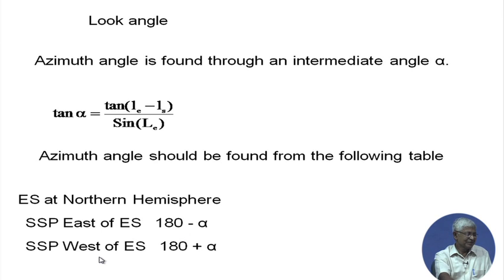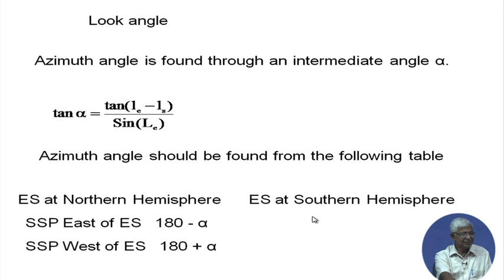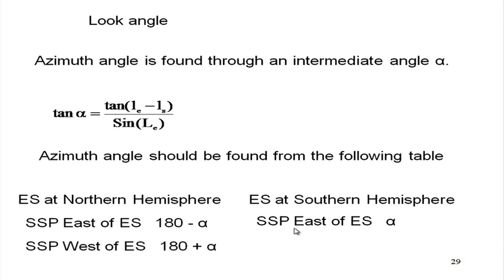If the subsatellite point is west of the earth station, it is 180 plus alpha. If it is the southern hemisphere, and the subsatellite point is east of the earth station, it is alpha, and if the subsatellite point is west of the earth station, it is 360 minus alpha. This table has to be remembered because geometrically it can be explained.